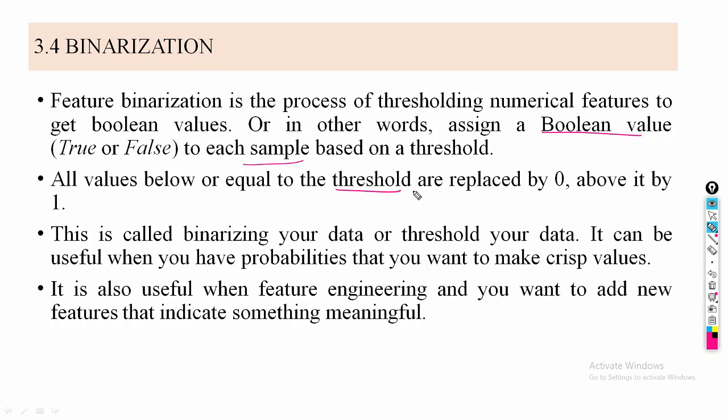Values less than the threshold value are replaced with 0, and values more than the threshold value are replaced with 1. That's why this is called binarizing our data or thresholding our data.